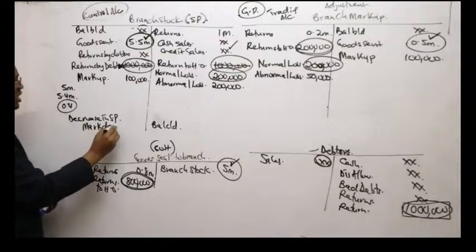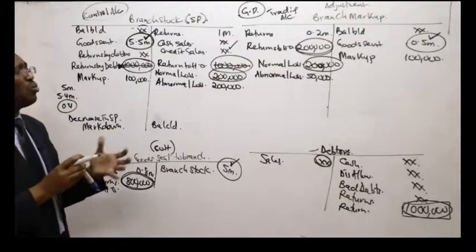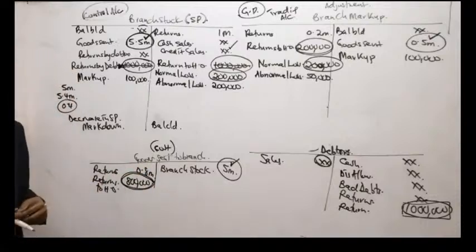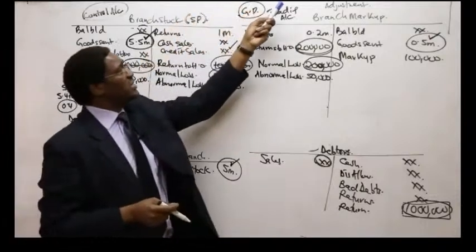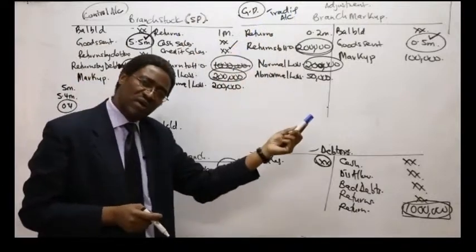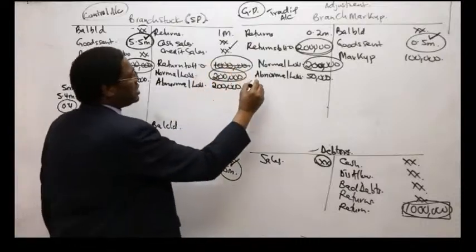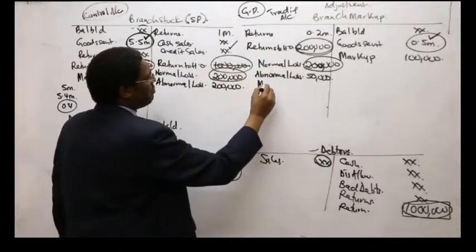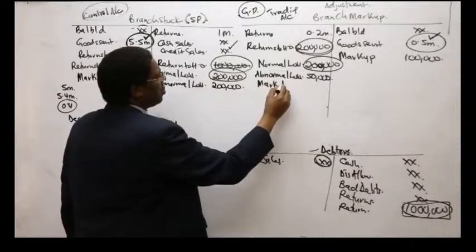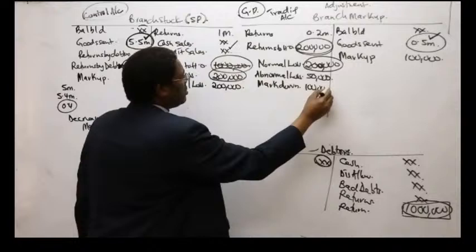So if there's any markdown in price, what should be the double entry? Remember this being a trading account, and you recognized a profit which was more than you should have recognized. Now we need to reduce that profit. So the double entry is you debit branch markup and you credit branch stock with any markdown in price, which for my case, I'm assuming 100,000.